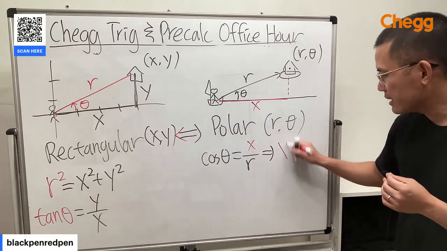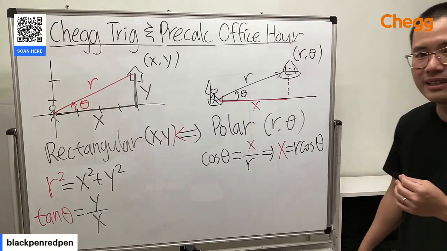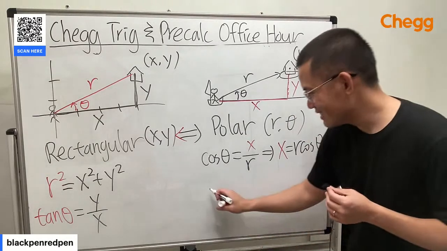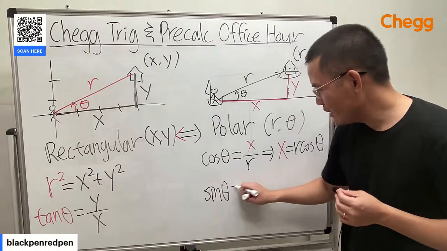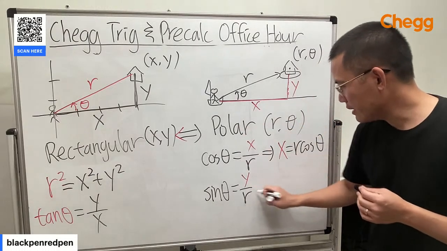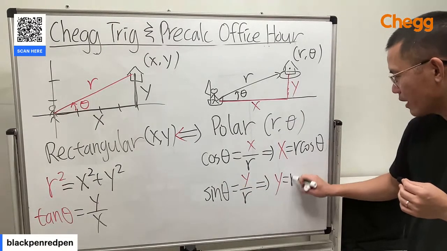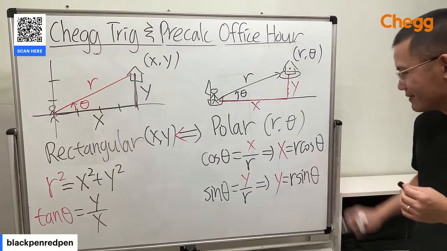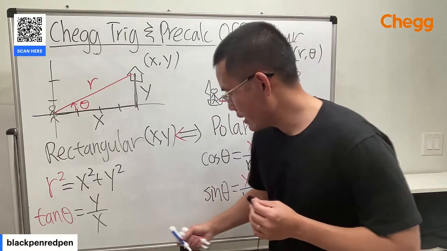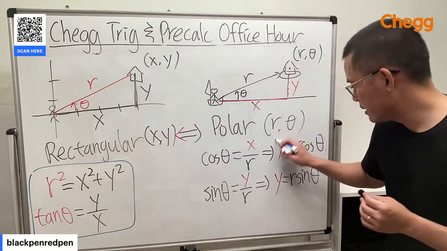We see x is equal to r times cosine theta. Now to get y, we use sine. Sine theta equals opposite over hypotenuse, y over r. Multiply r to both sides, y equals r sine theta. So these are the four main formulas, right? So here we have these two, and then these two.